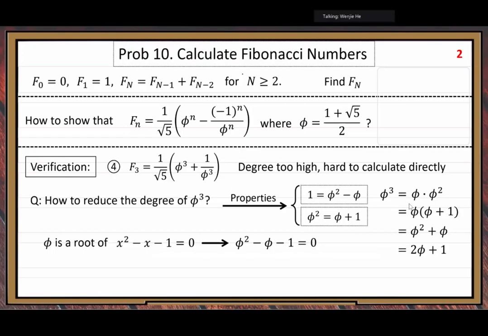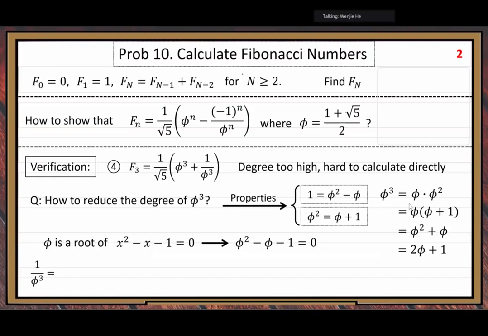Next step. Because we have the 1 over phi cube term, this time the high degree term appears in the denominator. So when we bring it down, we need to do operations differently. Let's work on this 1 over phi cube term.